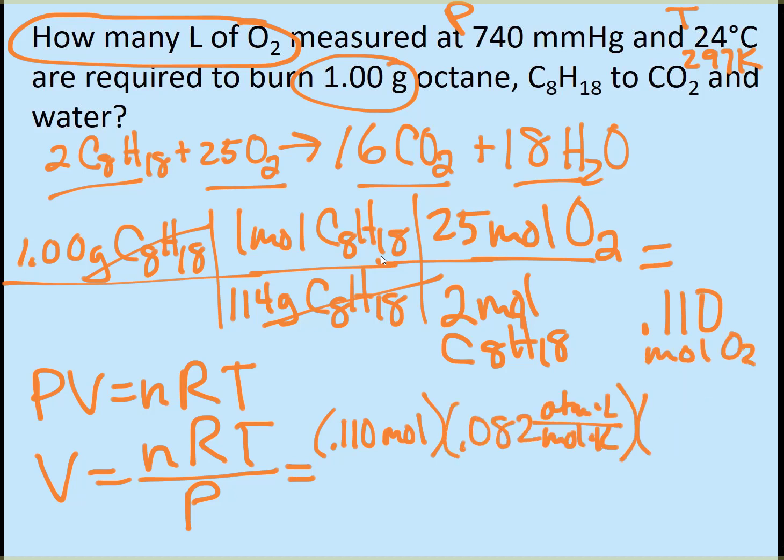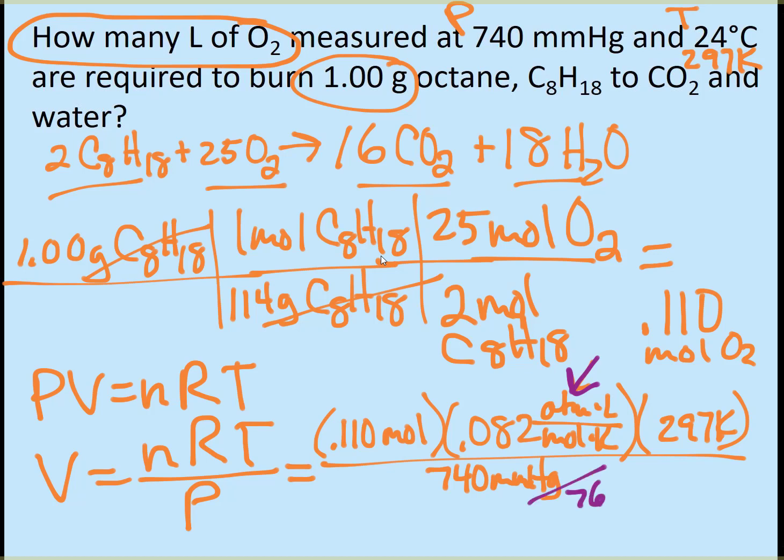And our temperature we already found was 297, and divided by our pressure, which is 740 millimeters of mercury. Because I'm in atmospheres right there, I need to change this millimeters of mercury. I can do it right here. I'm just going to divide it by 760 millimeters of mercury. That will give me atmospheres.